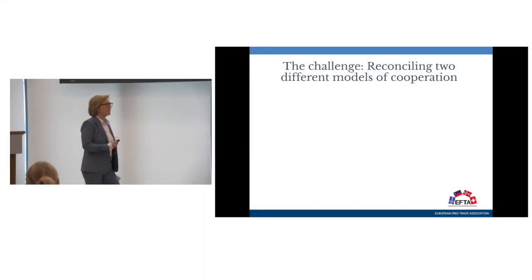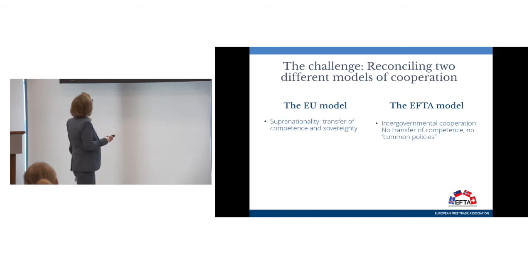Before we look at the model itself, I think it's worthwhile mentioning that EEA cooperation, the EU and EFTA cooperation are two different models of cooperation. The EU model is characterized by supranationality and transfer of competence and sovereignty, whereas the EFTA model is based on a classical intergovernmental cooperation.